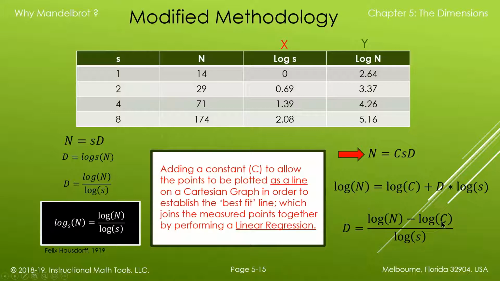But what's interesting is that right before we get to this level, we come up with this formula, which resembles the formula for a line. If we were to plot log n and log s and use log c as the intercept and d as the slope, we could actually make a line out of this data.